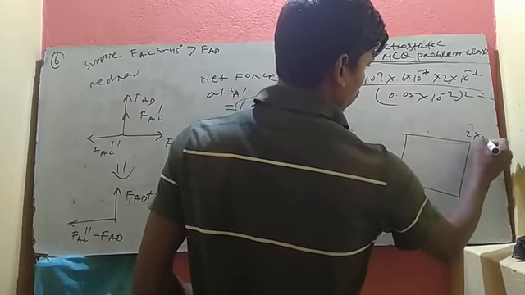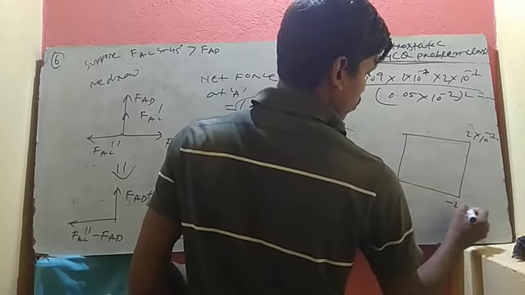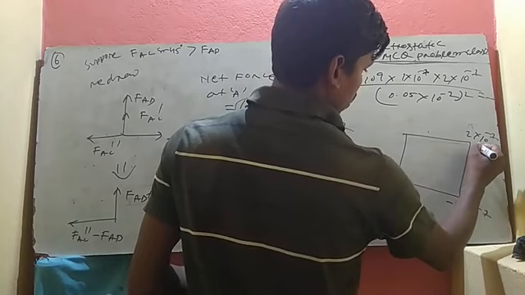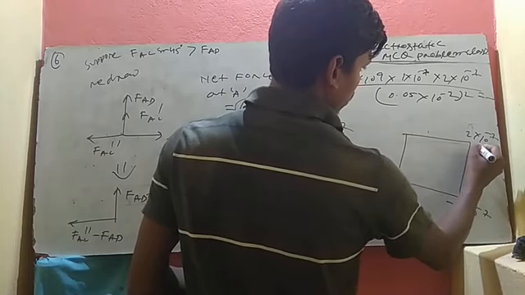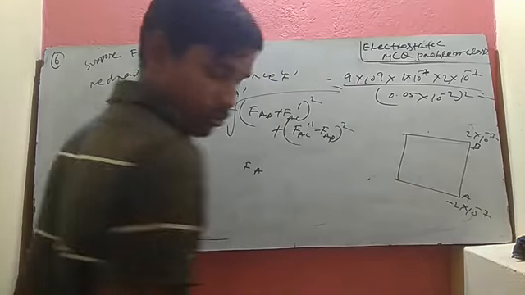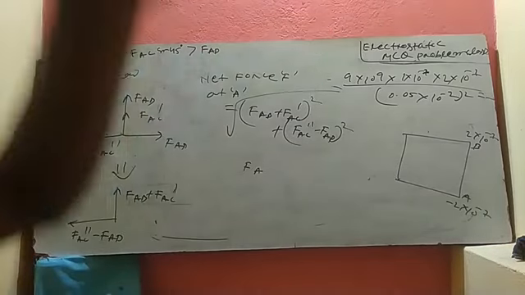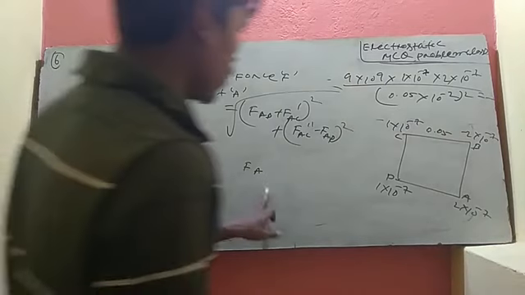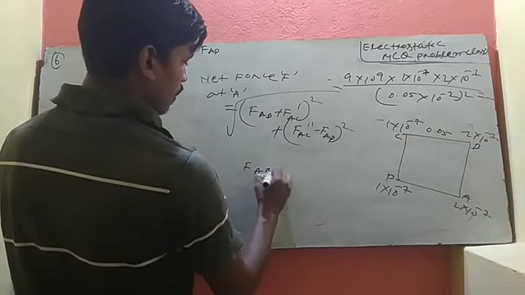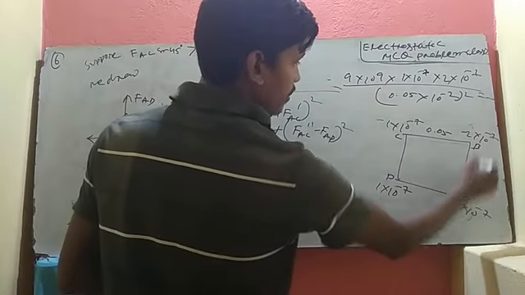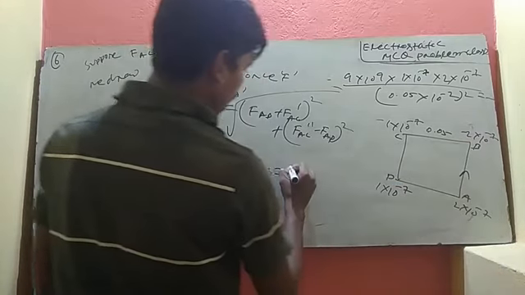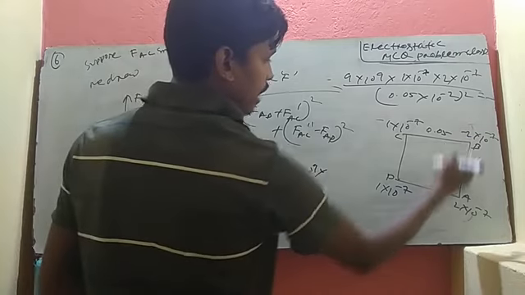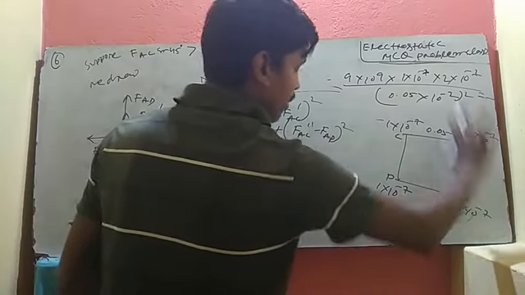Here 2 into 10 to the power minus 7, here minus 2 into 10 to the power minus 7, here A, here B. So FAB is 9 into 10 to the power 9 into charge into charge divided by AB square.